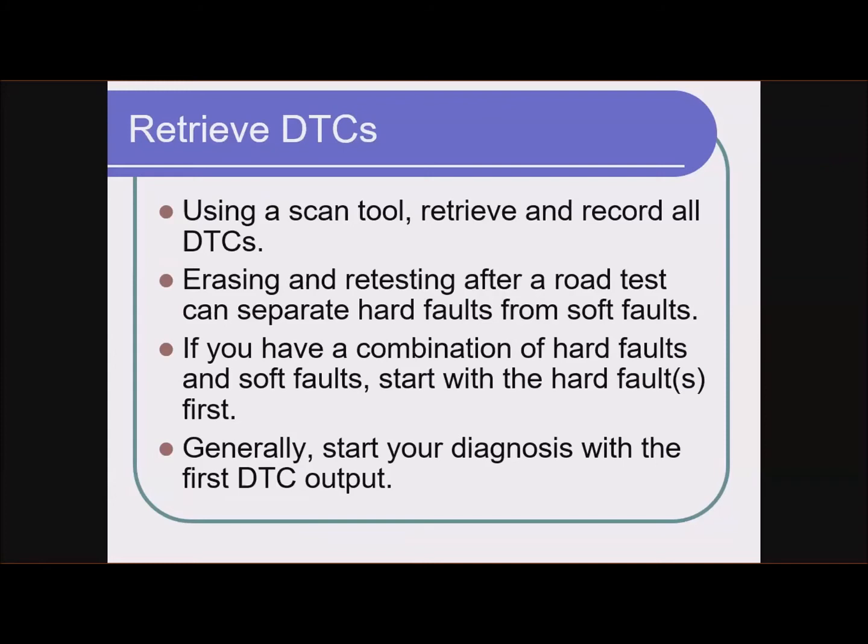I'll give you an example. My daughter had a Jetta, and that Jetta, shortly after she bought it, used, but it had a warranty on it, popped up a check engine light, and it was still under warranty.